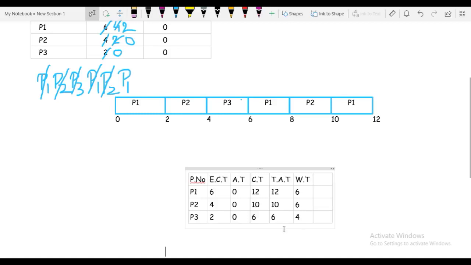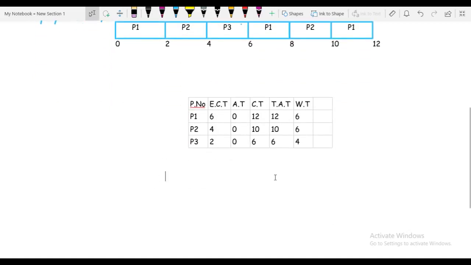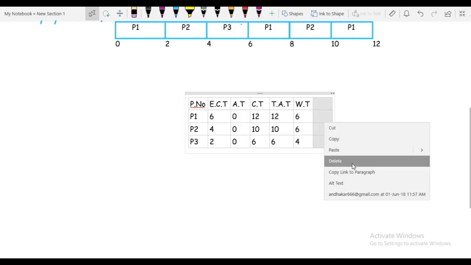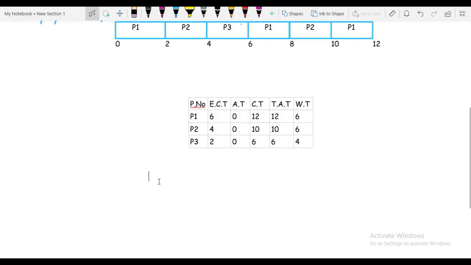Now let's delete this first. Now you have to calculate the average turnaround time, and that will be 12 plus 10 plus 6 divided by the number of processes, that is 3, and this will be the answer.